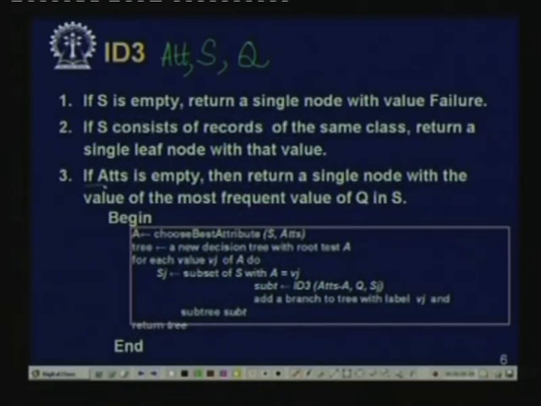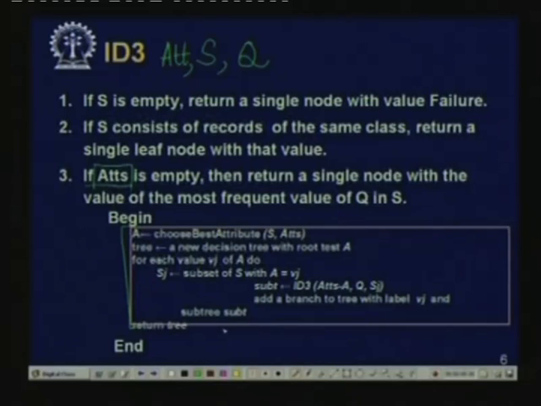Thirdly, if there are no more attributes left for testing, then also we cannot grow the tree any further. In that case, if S is not empty, we label the leaf with the majority class of the different elements of S. Otherwise, we carry on this loop. So, when does one stop growing the tree? We stop growing the tree when either S is homogeneous or when the attribute set is empty.